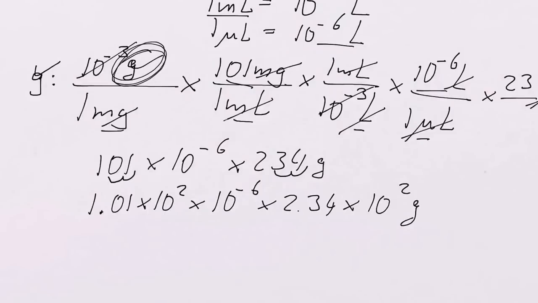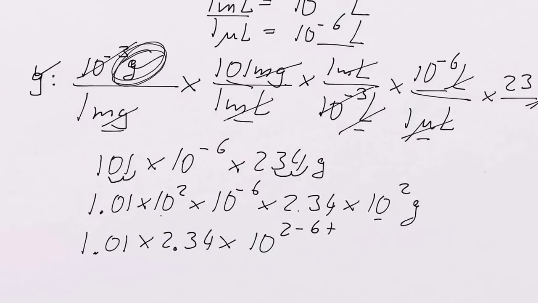And we have same units, so we have 1.01 times 2.34 times 10 to the 2 minus 6 plus 2 gram.